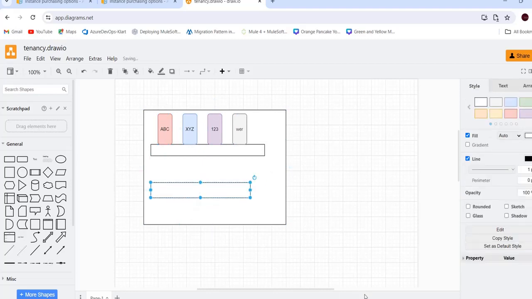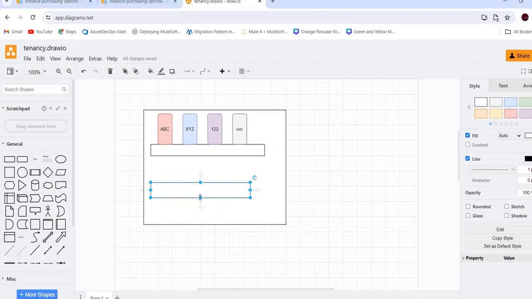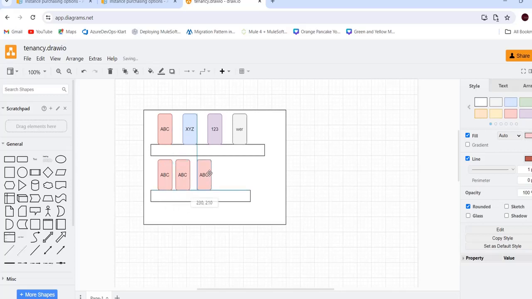Another one is dedicated instances. In this case, one single organization can take this entire server, or entire hardware device. One single company can have multiple instances on the single hardware. So this is dedicated to only one organization.